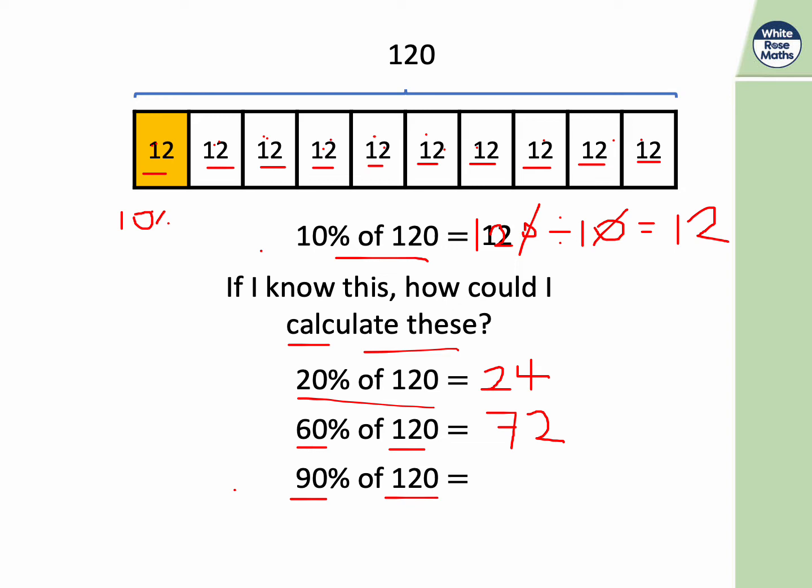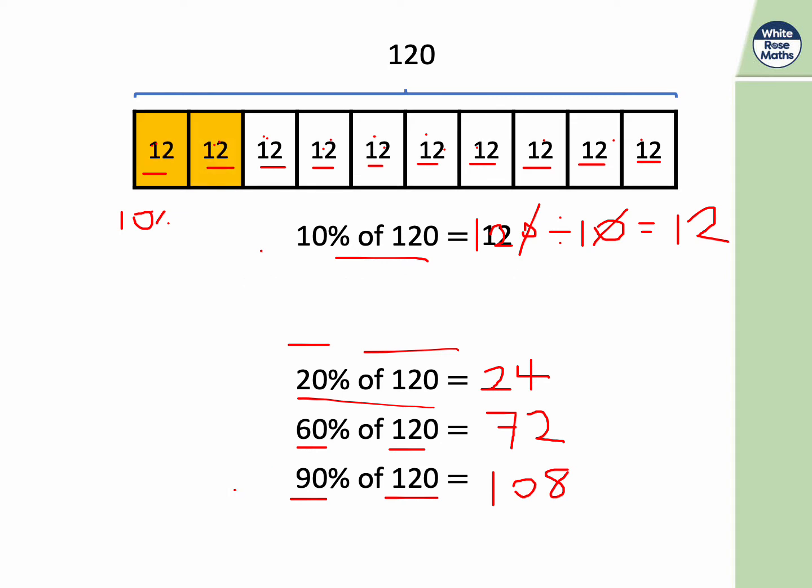Counting the number of boxes that have 12s in, 9 times. 12 times 9 is 108. This is what I call the bar model method, to help you work this out. Next part says have a think.